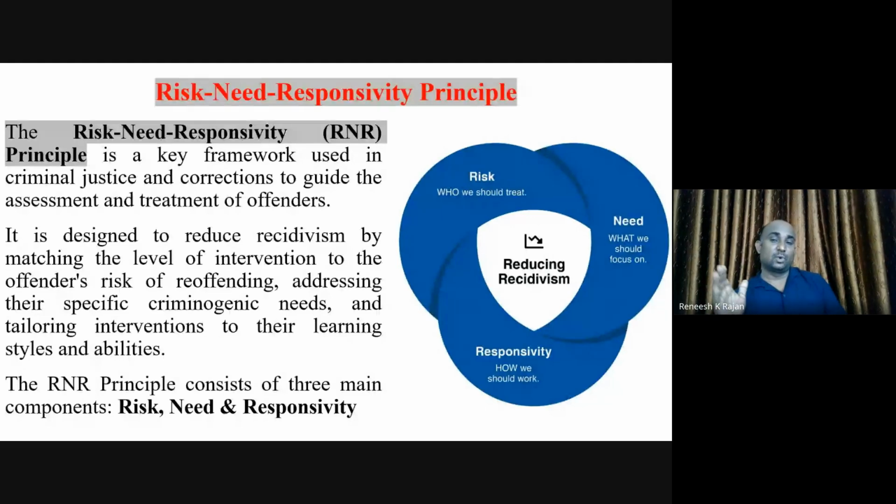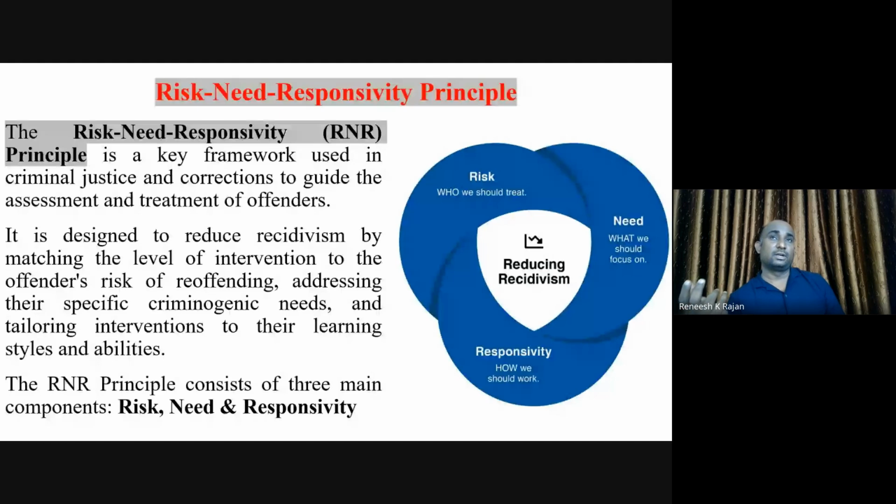Based on their crime causing factors, we have to treat them. For example, if a person committed an offense because of substance abuse, then we have to give them de-addiction programs. That is the way we can utilize our resources properly and rehabilitate and reform that particular person.